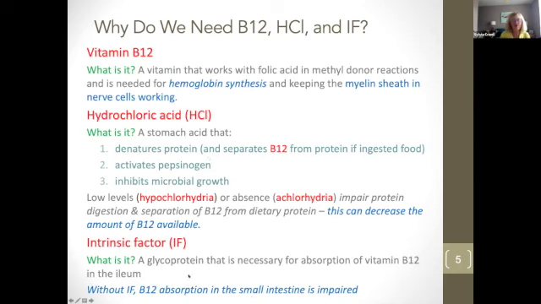So what's going on here is hydrochloric acid and intrinsic factor are items produced normally in the stomach that have lots of functions, but the two of them together, the primary function is absorption of vitamin B12. So keep this in your head.